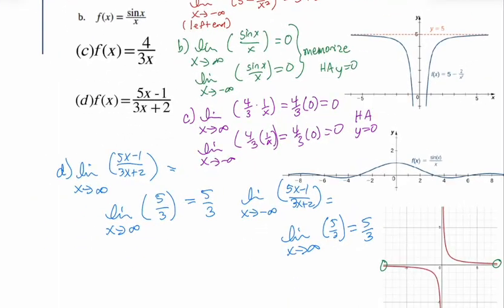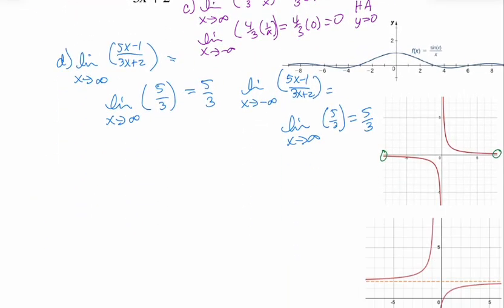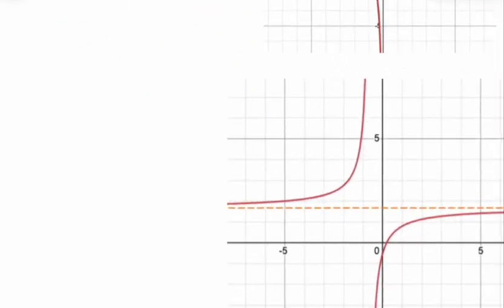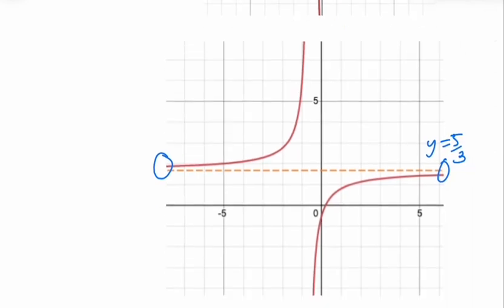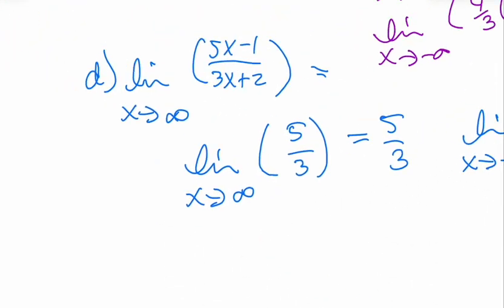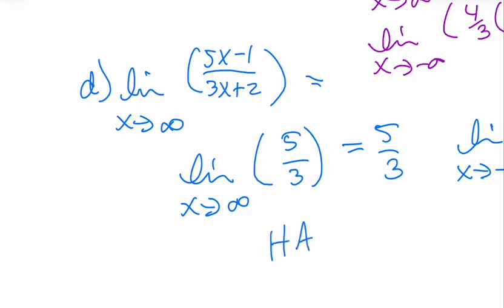So that goes to 5/3. 5/3 is about 1.7. And you can see here that is 5/3. So that one has a horizontal asymptote on both ends of 5/3.